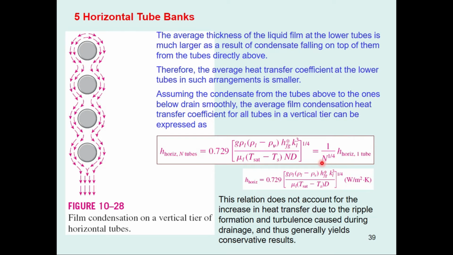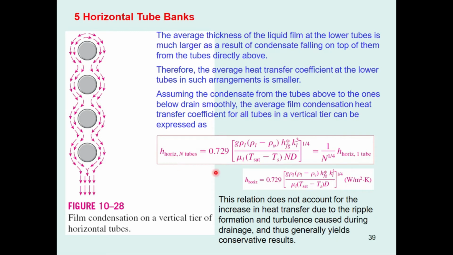So you can determine the convective heat transfer coefficient for 5 tubes placed above each other. If the tubes are 100, you can put the value of 100 and put the value of the horizontal convective heat transfer coefficient over here. You will get the heat transfer coefficient for that particular number of tubes.